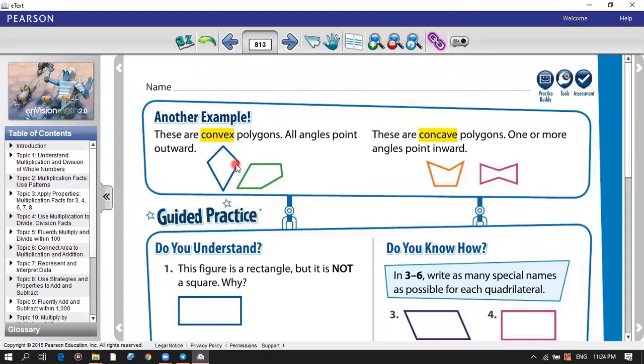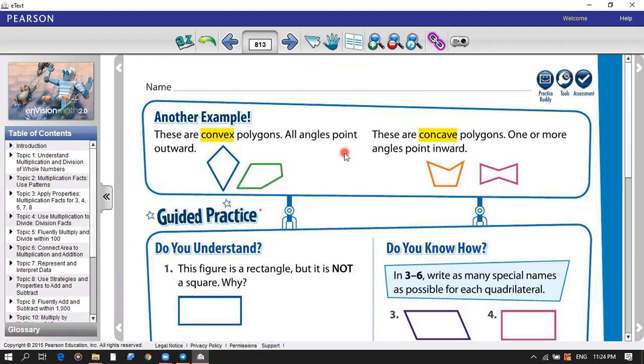Look at this angle, it's pointed out, here, pointed out. All of the angles are pointed out. This shape is called a convex polygon, that has all the angles out.